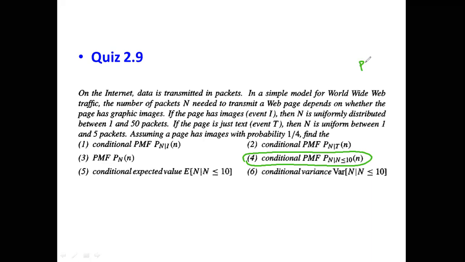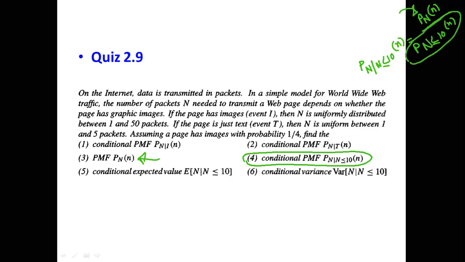The probability of n given n less than or equal to 10 should be equal to the probability of n divided by the probability of n less than or equal to 10, isn't it? Yes, sir. We know this formula. This P of n we have already found out. Now if we can find this one, then we can easily solve it. Now how do we find the probability of n less than or equal to 10?